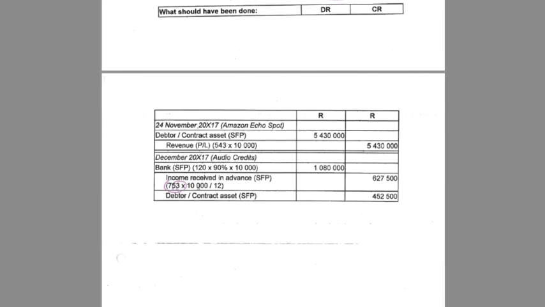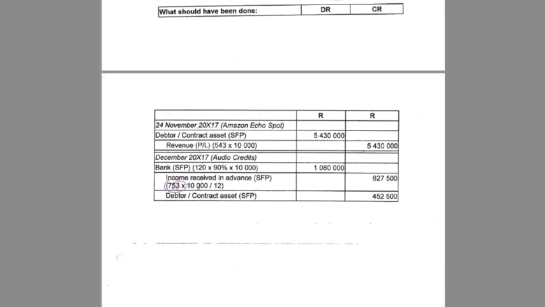I gave them the item. But on the other hand, I still have to provide audio credits for all the other months, and they will only keep paying the subscription if I keep giving them those credits. So you could probably argue that you will not receive any money for the next few months if you don't still give the audio credits, so you still have an obligation.